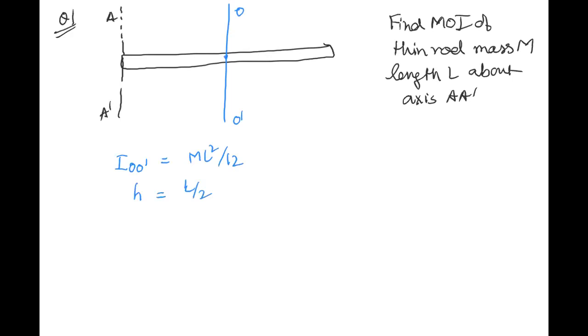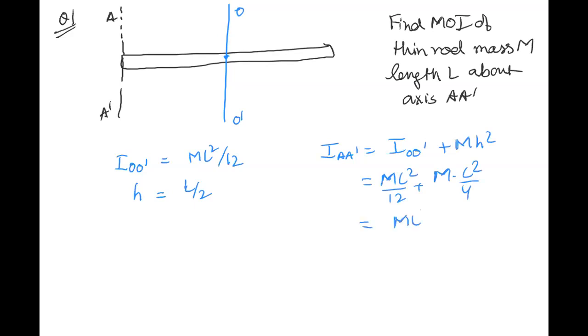Yes, it does. Do I know the distance between the 2 axes? Yes, I do. So now I can apply I A A dash is equal to I O O dash plus m h square. This is ml square by 12 plus m into L square by 4, which is equal to ml square by 3. ठीक है? Okay. Next.